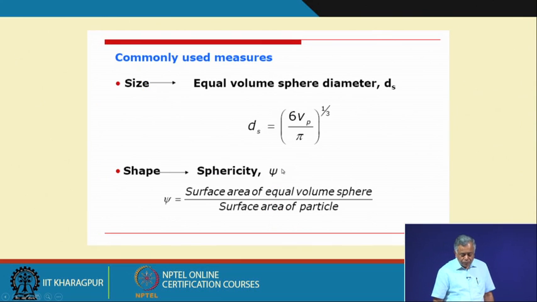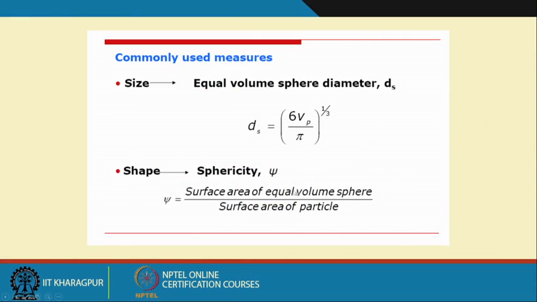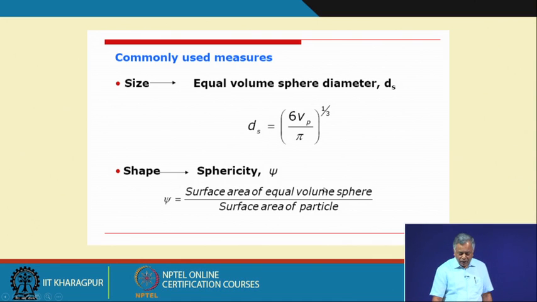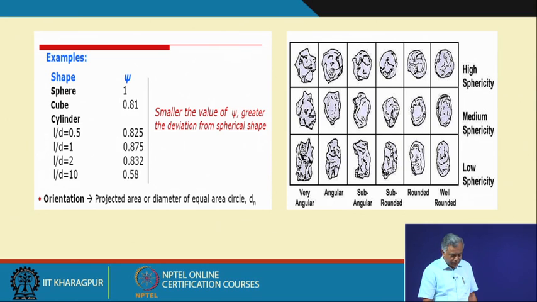So, the question comes, how do I know the surface area? Now, there are surface area measurement instruments available, I am not getting into that now. So, that is one definition which is commonly used while dealing with irregularly shaped particles in mineral processing. Now, I will show you how I use this.